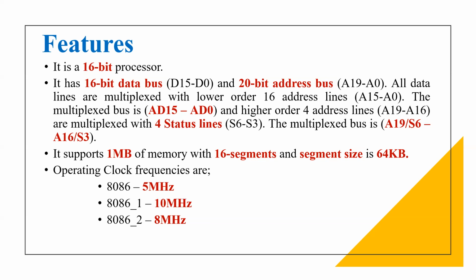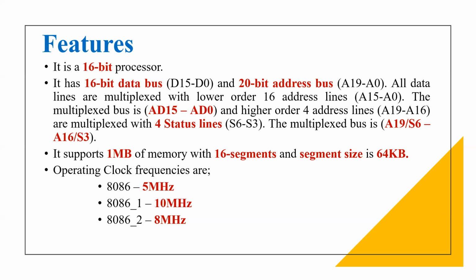One more thing is, not all processors use this multiplexing process. The major disadvantage of using the multiplexing concept in our processor is that the speed of operation of the system reduces. If you consider this particular case, multiplexing of address and data lines, at one time instant these lines act as address lines, and at some other time instant these signals act as data lines.